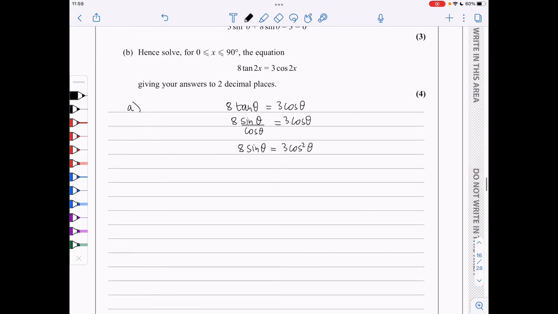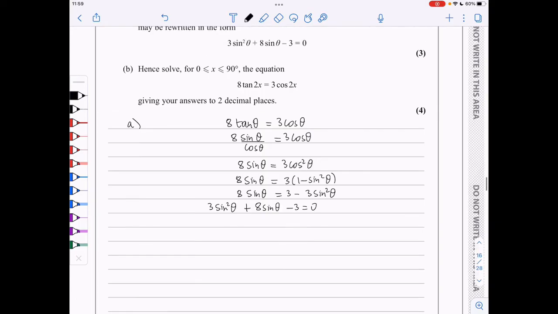I will express cos squared theta as 1 minus sine squared theta. And upon expanding, I see that if I collect everything on the left-hand side, I'm getting exactly the printed answer. So 3 sine squared theta plus 8 sine theta minus 3 is equal to 0, as required.